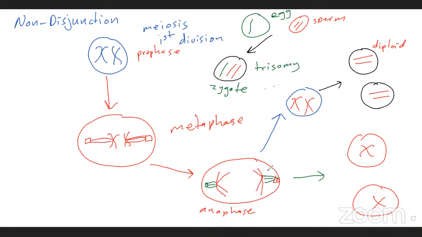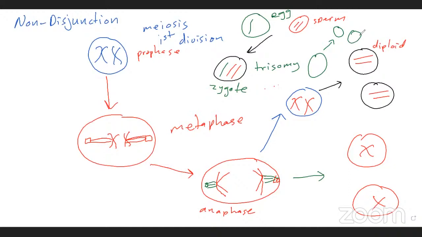So notice what they end up with is one cell containing the two chromosomes, right? This is one instance where I'm showing you the one cell with both copies, which means that the next cell would be empty. And when it divides by the second meiosis, it would be empty.